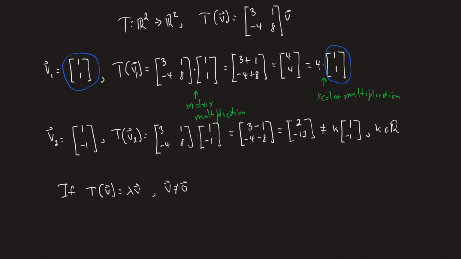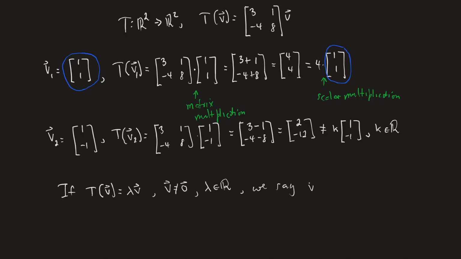We want an actual vector, and let me just appeal to geometry for a second. We want a vector that has both magnitude and direction, right? So we don't want our vector to be the 0 vector, but our lambda can be any scalar we want, right? So if you have an operator like this that takes a vector in one space and then returns a scalar multiple of the vector in the same space, this is what we say.